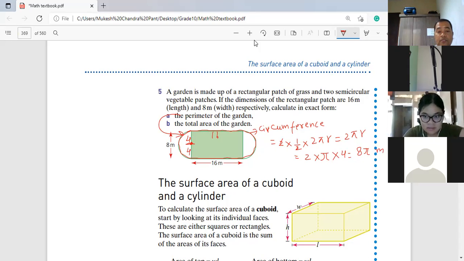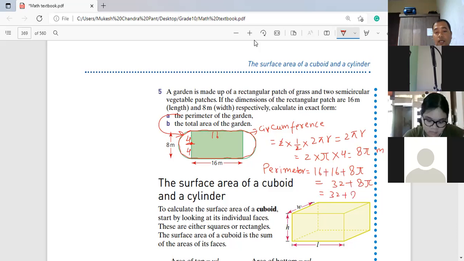So perimeter means 16 plus 16 plus 8 pi. 16 plus 16 is 32, plus 8 pi. So you can write the answer as 32 plus 8 times 3.14, and then see in total how much it gives.